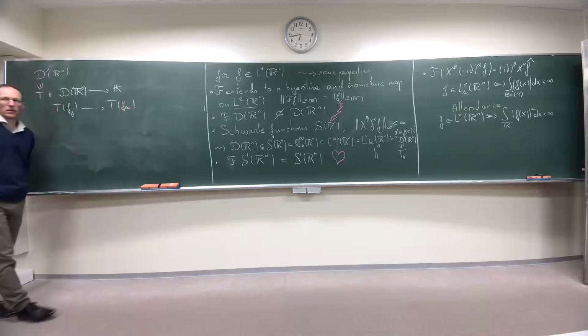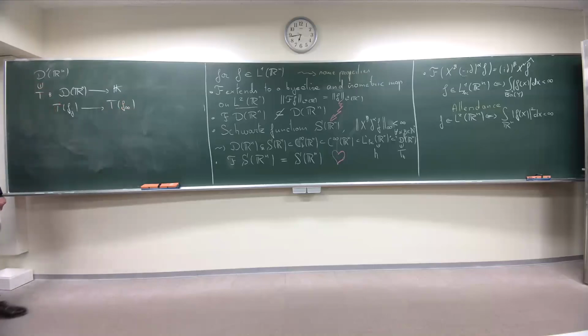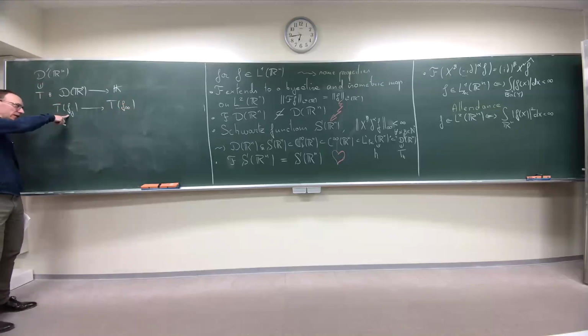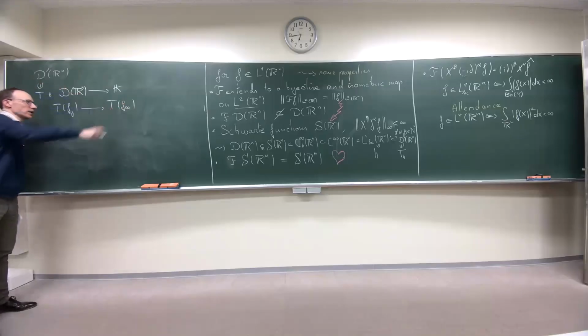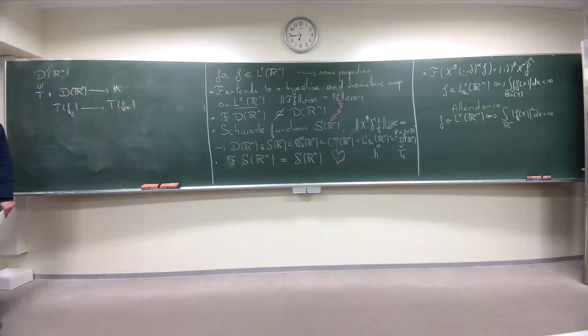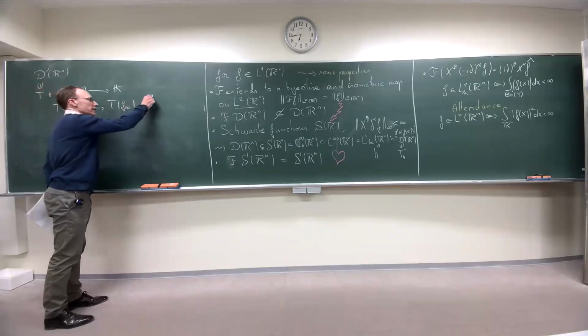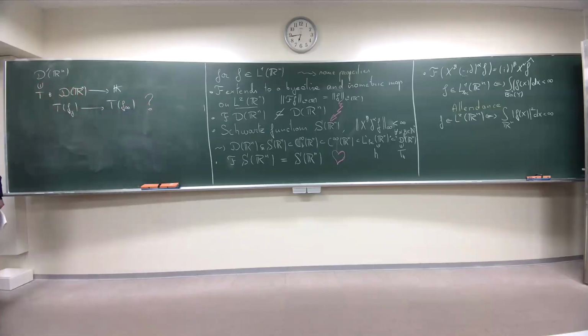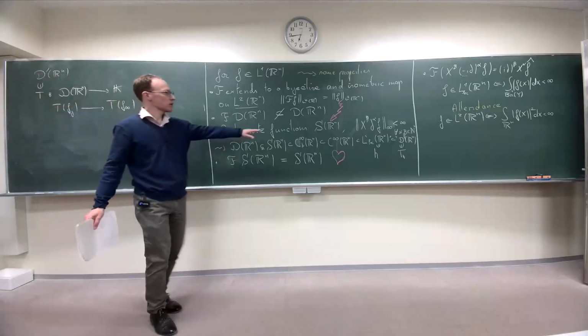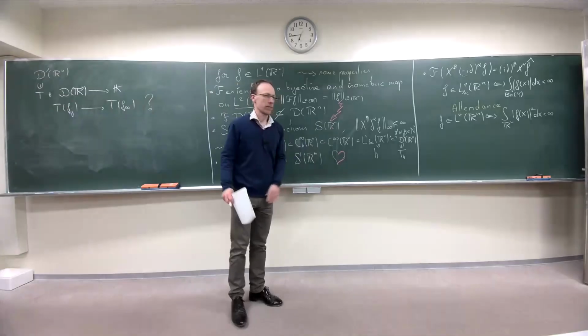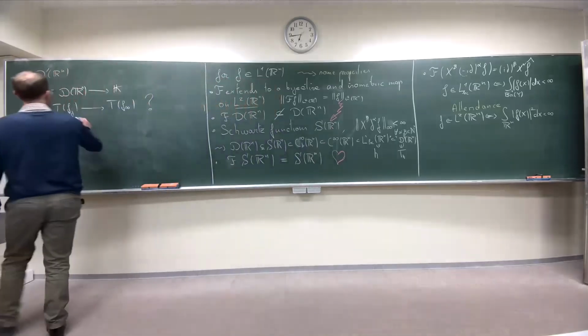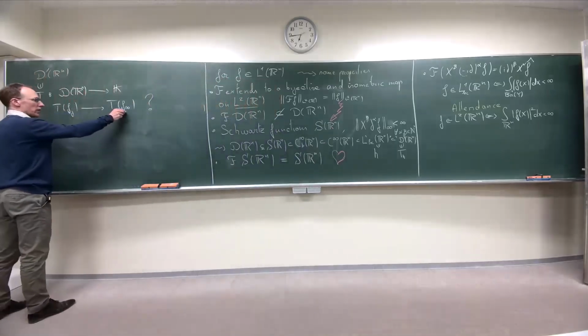This was one condition, for any sequence f_j of test functions converging to f_infinity. So now I need to replace this condition because I'm going to deal with a new set of functions. So what does f_j converging to f_infinity mean?